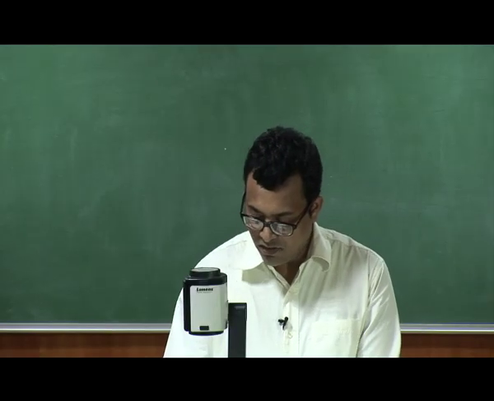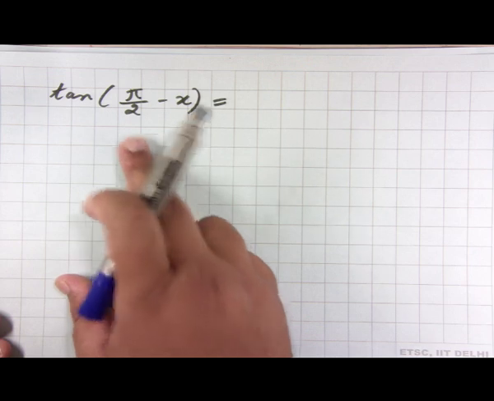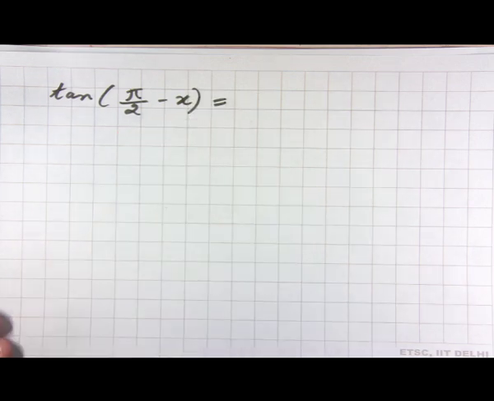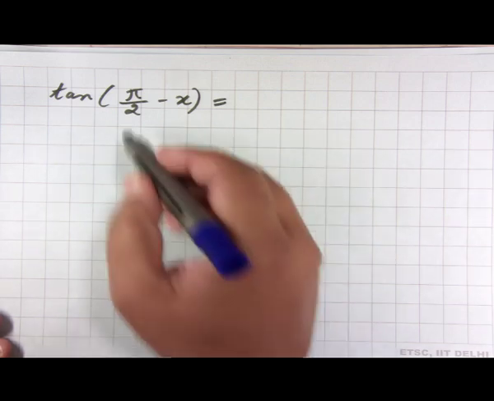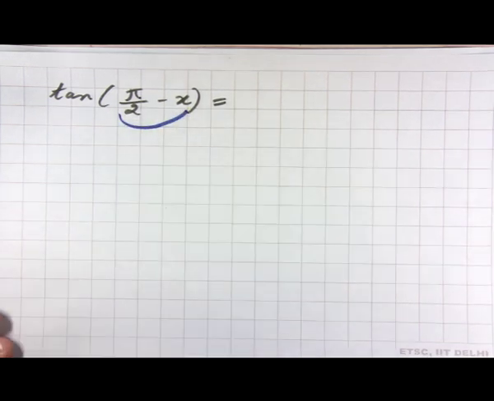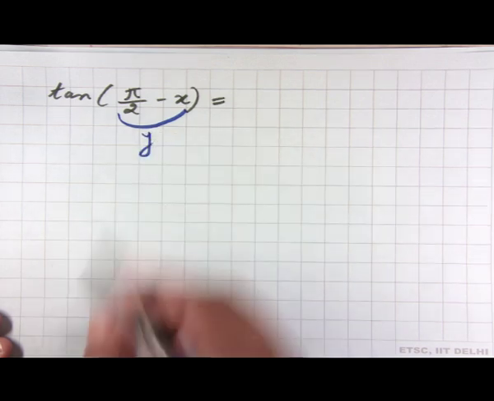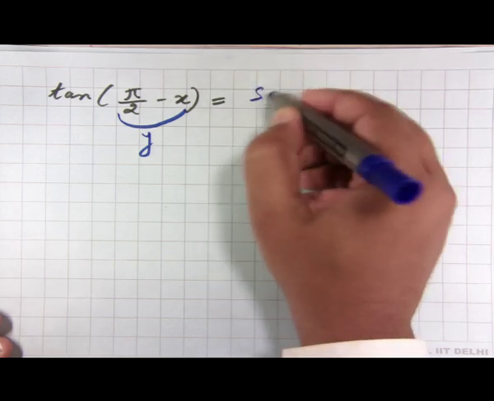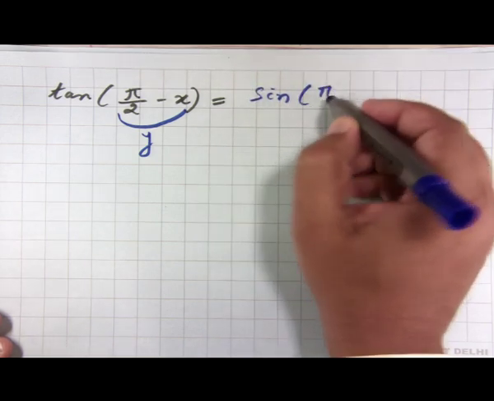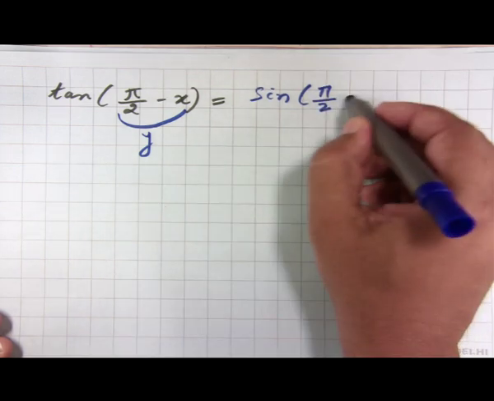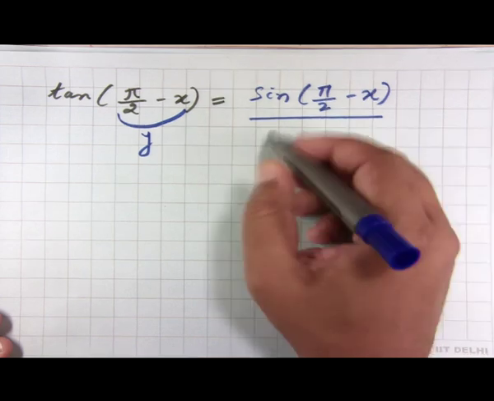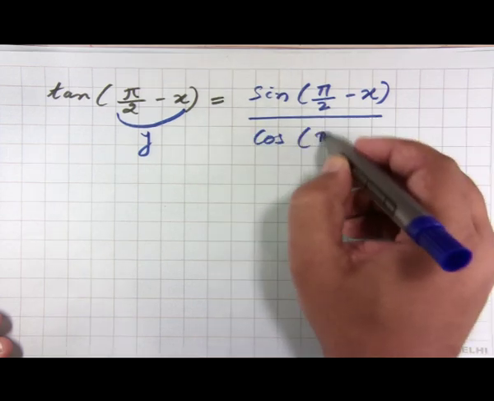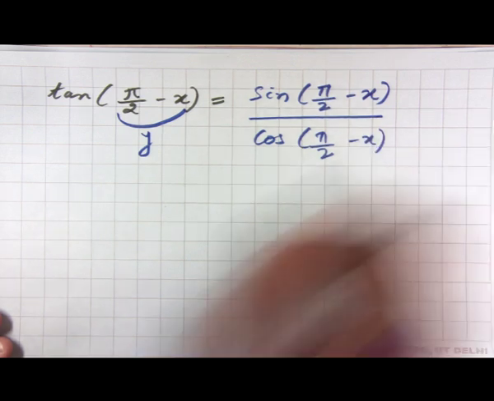Now, let us see what tangent of pi by 2 minus x is, since we had similar formulas for sine of pi by 2 minus x and cos of pi by 2 minus x. Now, if we treat this as y, then tan of y is sin y by cos y. So, therefore, this is sine of pi by 2 minus x upon cos of pi by 2 minus x.